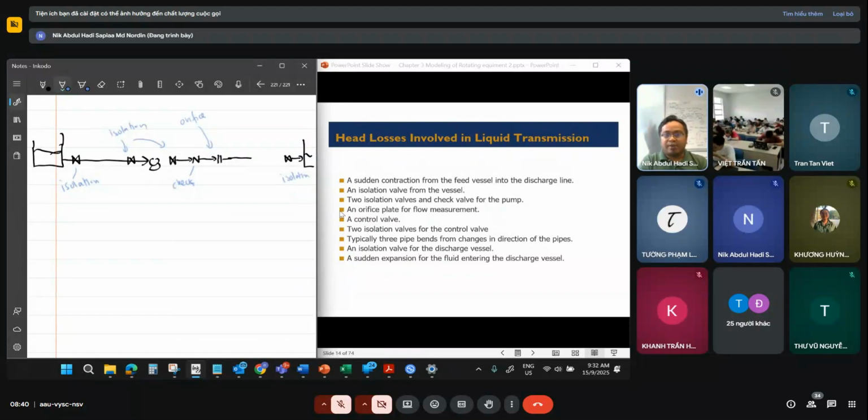So we are at point number 4. And then point number 5, we have a control valve. So here we have a control valve, and for the control valve, we also have an isolation valve.